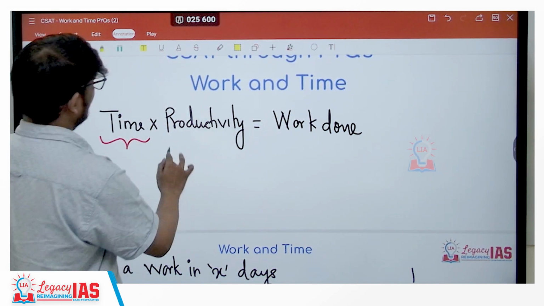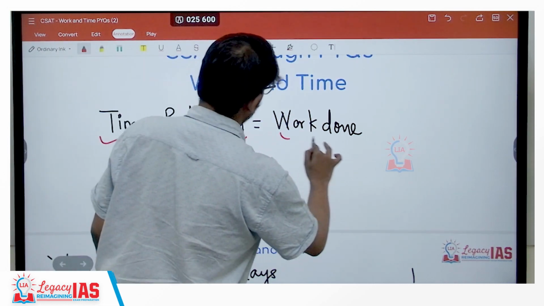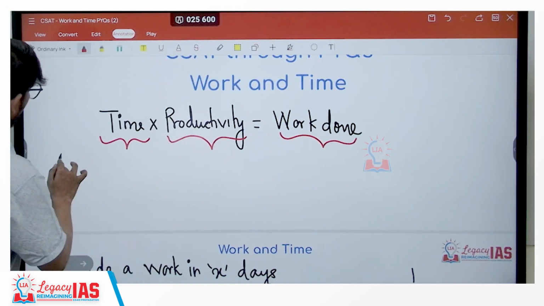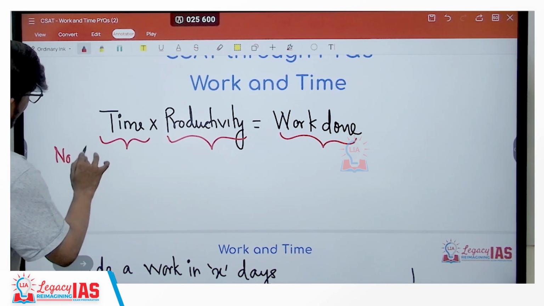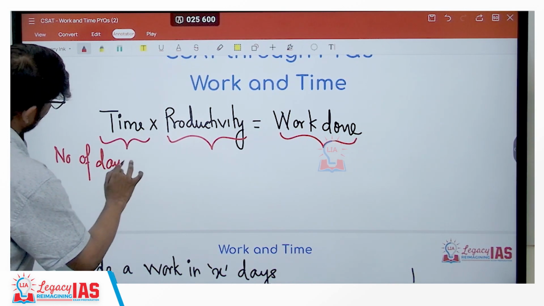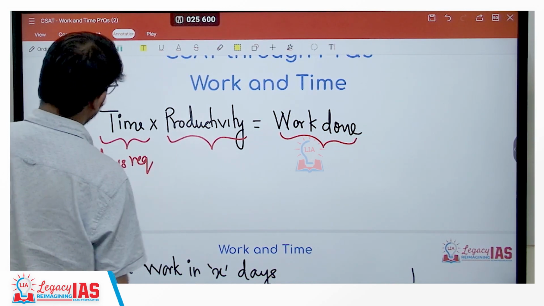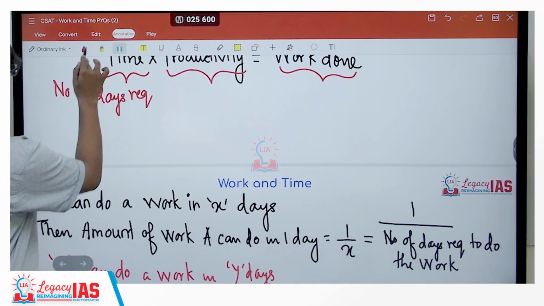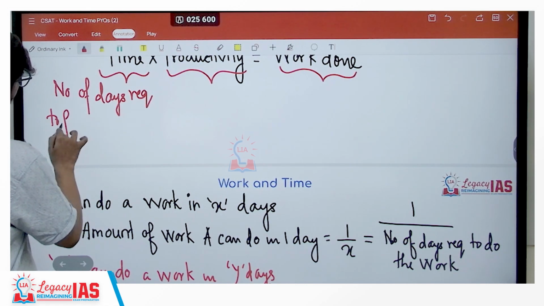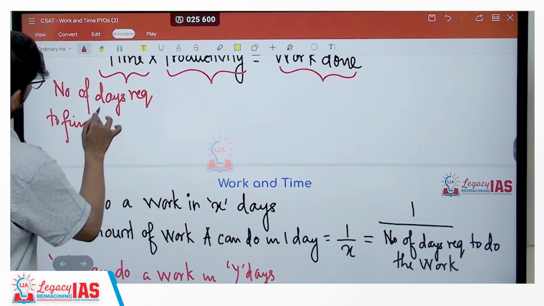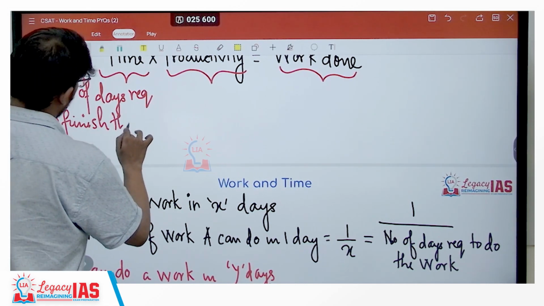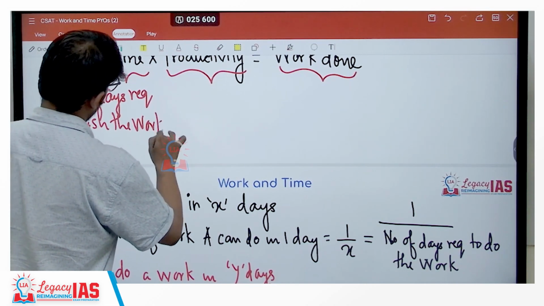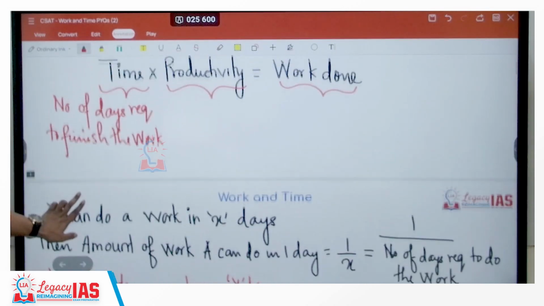Time into productivity equals work done. So time is the number of days required to finish the work. Okay, that is the time we are talking about.